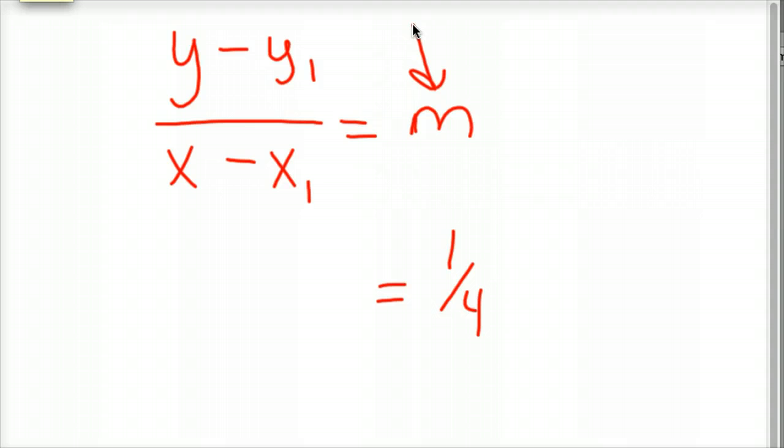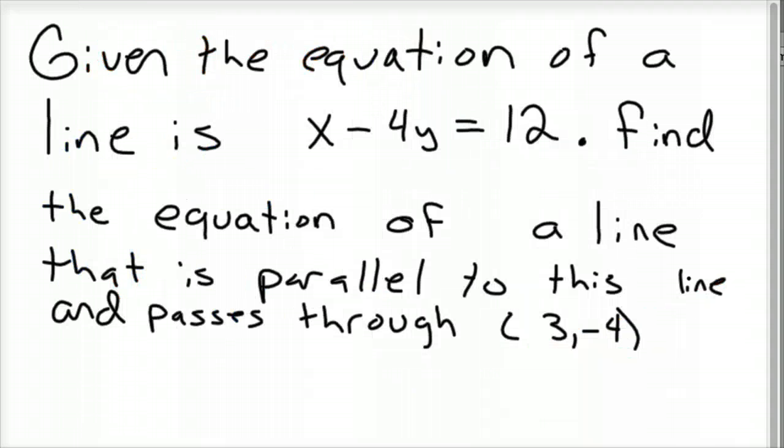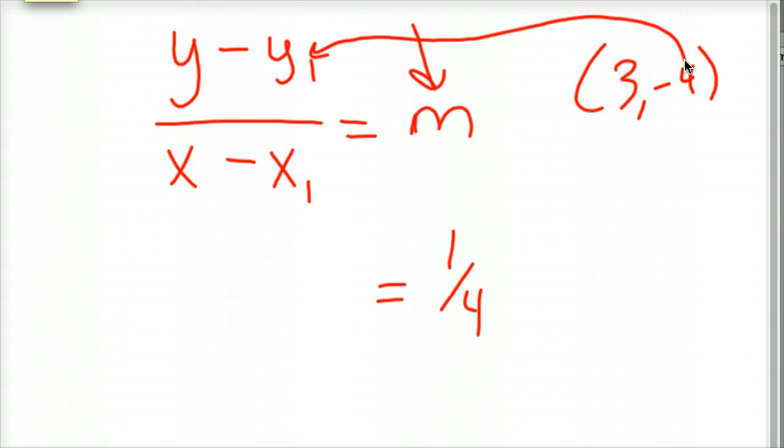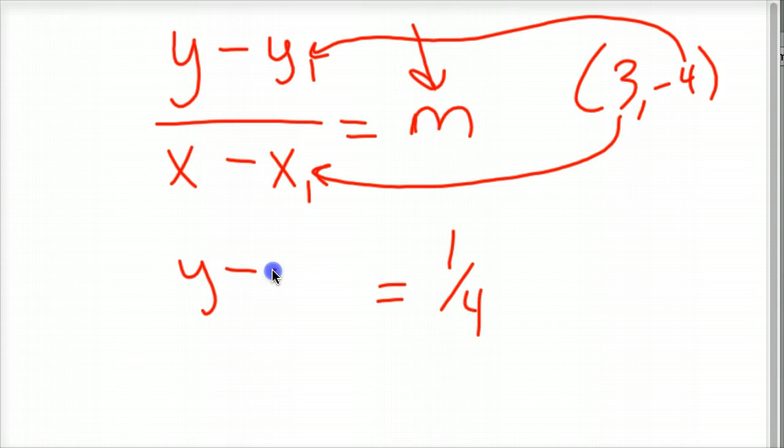We know our point, 3, negative 4. So I'm going to take 3, negative 4 and put it in here. Y is negative 4, so that goes here. X is 3, so it goes there. And so you'd have y minus a negative 4 over x minus 3 equals 1/4.